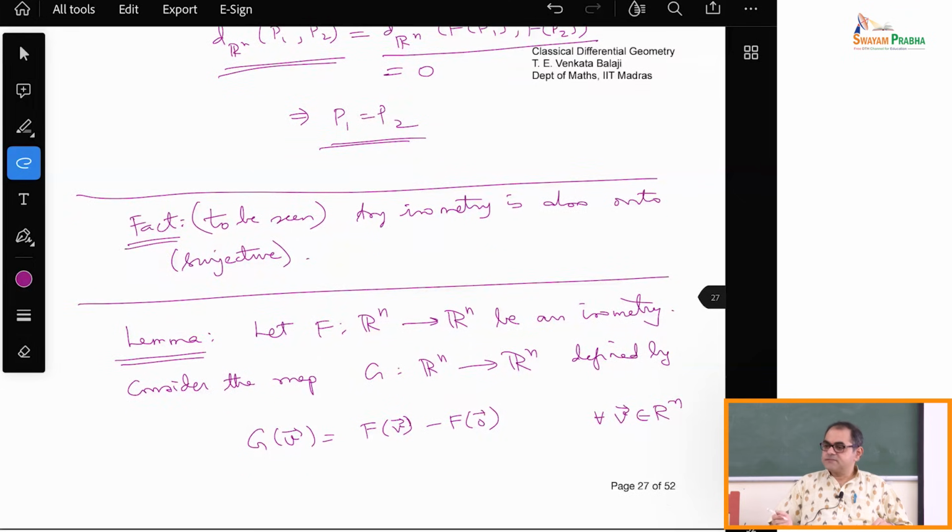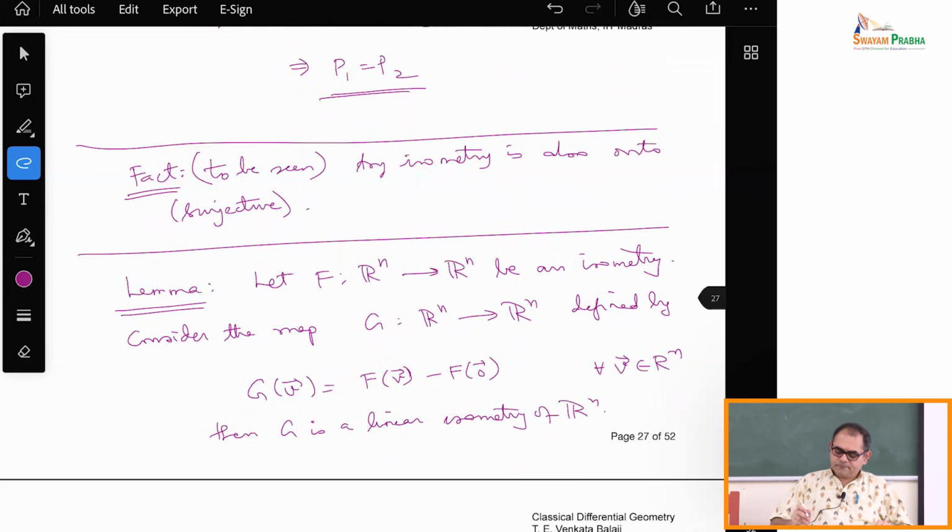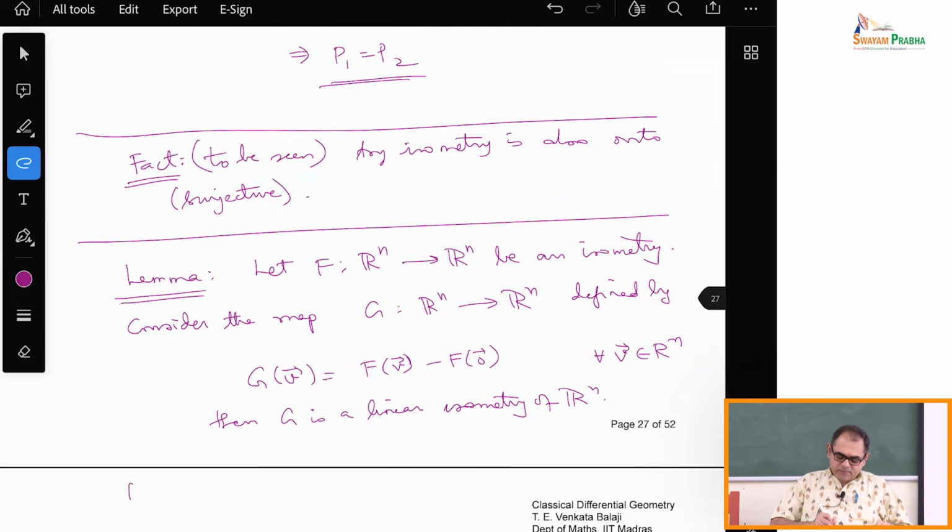You define the map like this. Then you can see immediately, let me write the conclusion: then G is a linear isometry of Rn.